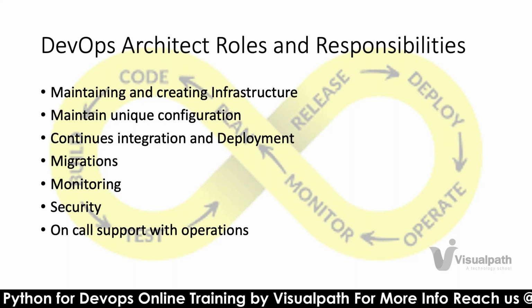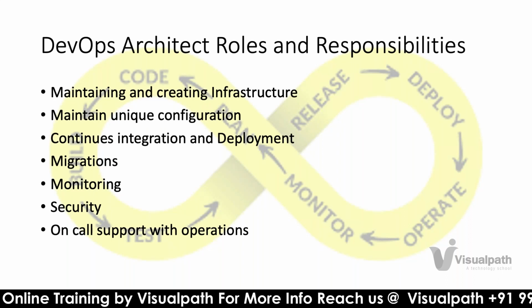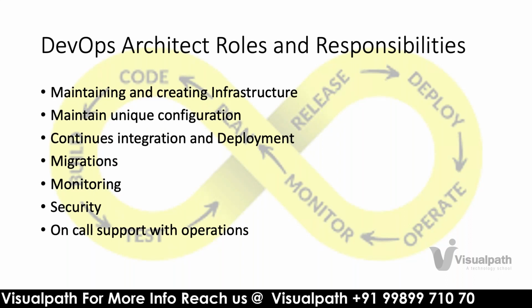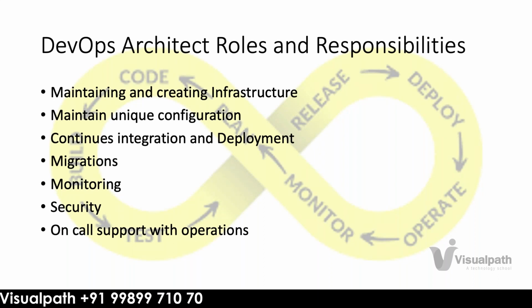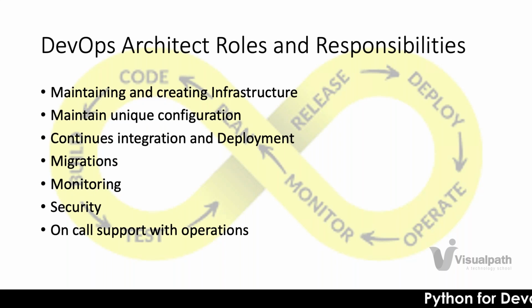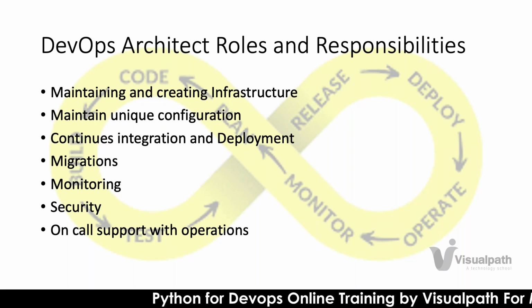Then monitoring. Monitoring is also an important task, because of how the management will see the infrastructure. How do you see all the infrastructure running with respect to the timeline? You need to observe all of this. So that's monitoring. And then security.